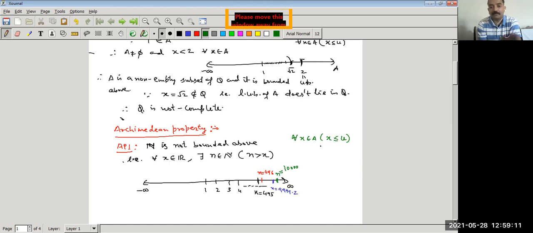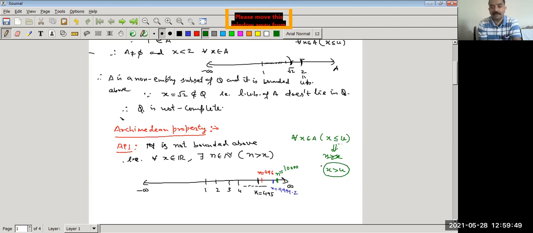The complement of this is that if x is less than or equal to u, then it is bounded above. When we say it is not bounded above, it means there is some x which is greater than u. So if x is greater than u, this set is not bounded above.